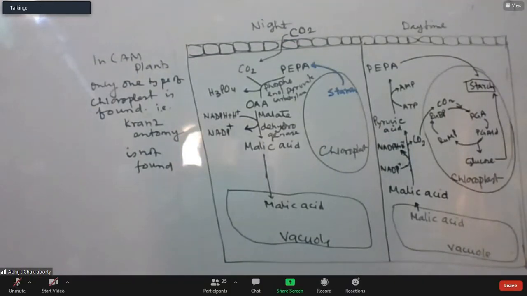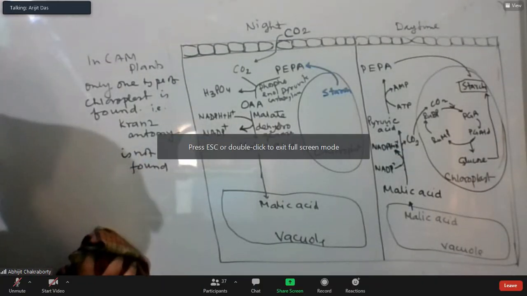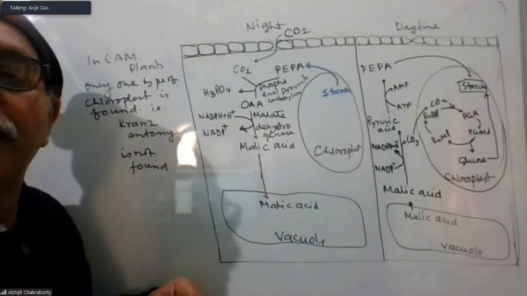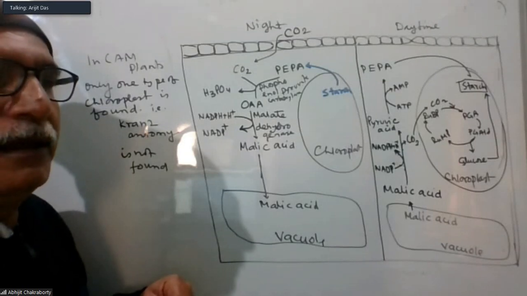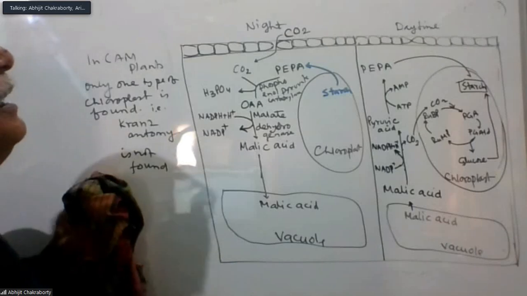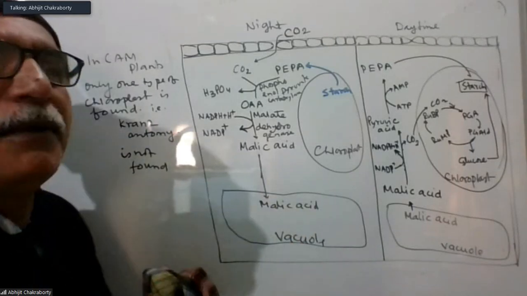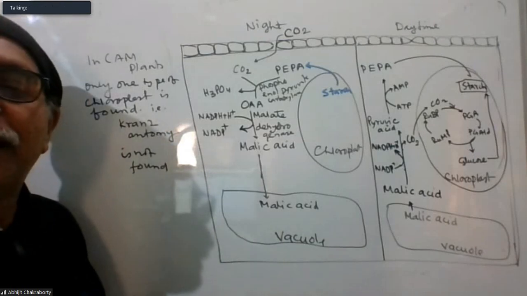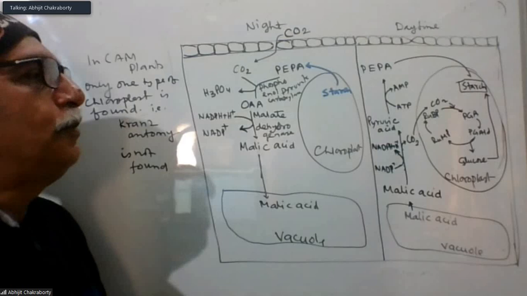Sir, during daytime, does the arrow go from PEPA to starch? During daytime, PEPA and starch are interconvertible through pyruvic acid. PEPA is produced from the starch.